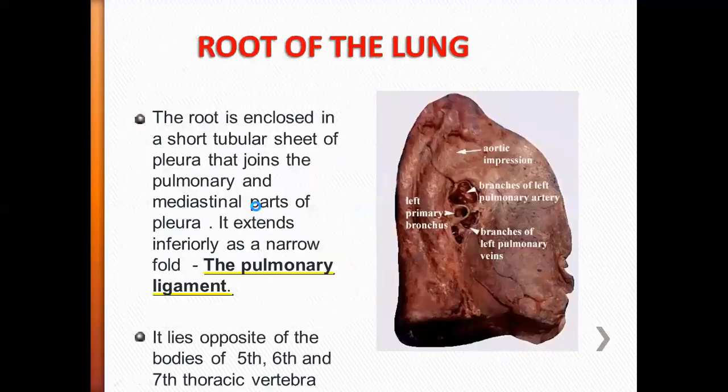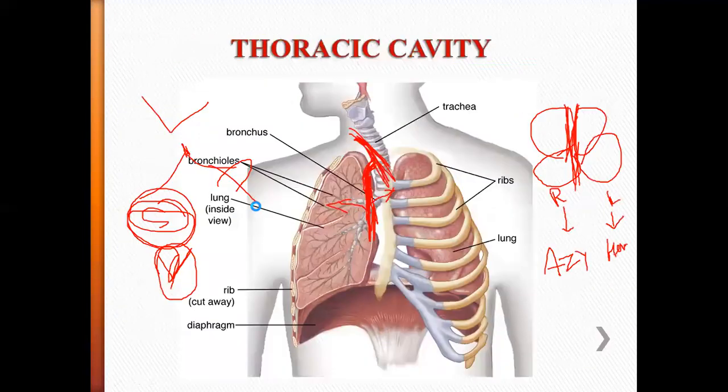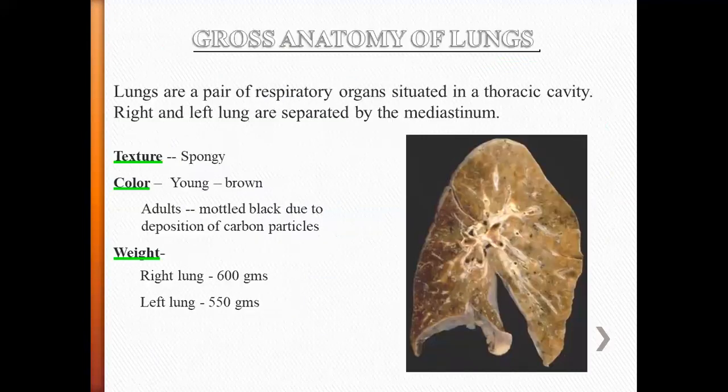Okay, so let me conclude with one small discussion. Let's go back to the first slide itself. We have seen the entire anatomical aspect of the lungs, especially all their external features, and along with that the bronchial tree and bronchopulmonary segments.